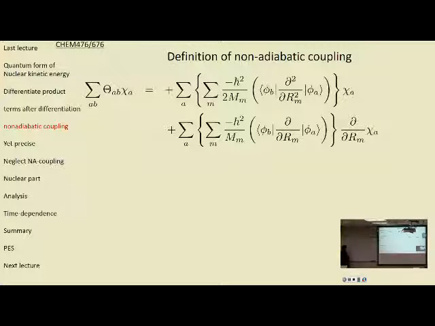So when you numerically do this operation, it means you take the value of this function at point r1, at point r2, point r3, phi a at r1 times phi b at r1, plus the product at r2.